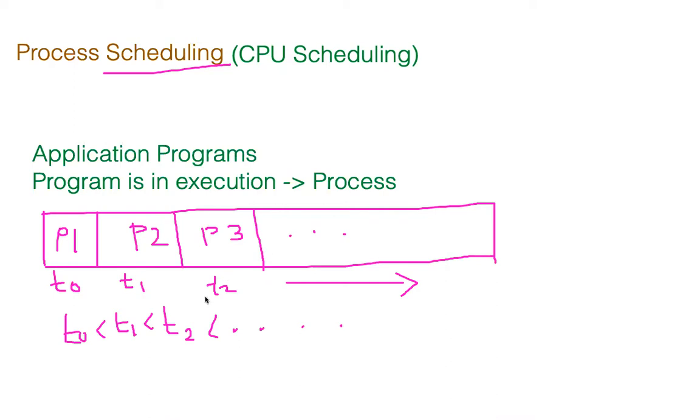The insertion happens based on the time of arrival of the processes, and then the CPU allocates the resource for each process to keep running. So this is the application of queue in a real computer system.